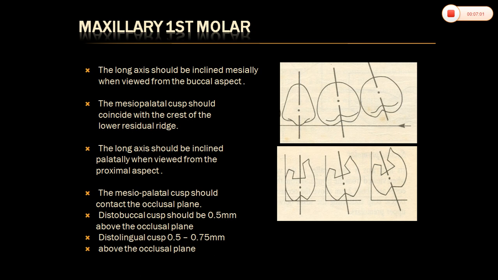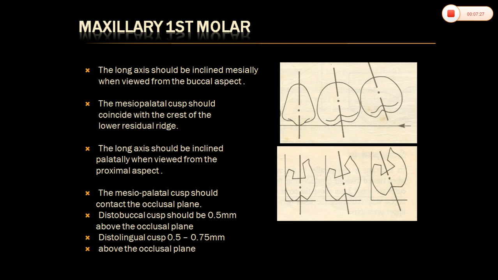Coming to maxillary first molar, the long axis should be inclined mesially when viewed from the buccal aspect. The mesiopalatal cusp should coincide with the crest of the lower residual ridge. The long axis should be inclined palatally when viewed from the proximal aspect.